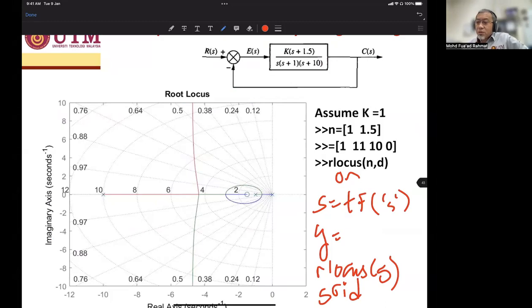This is usually given in the test and exam, so you don't have to worry how to plot it. You just observe from this plot. So what are your observations on this, Matthew?